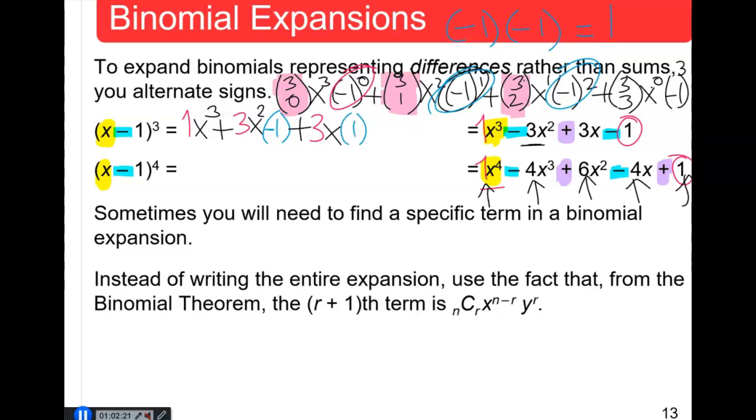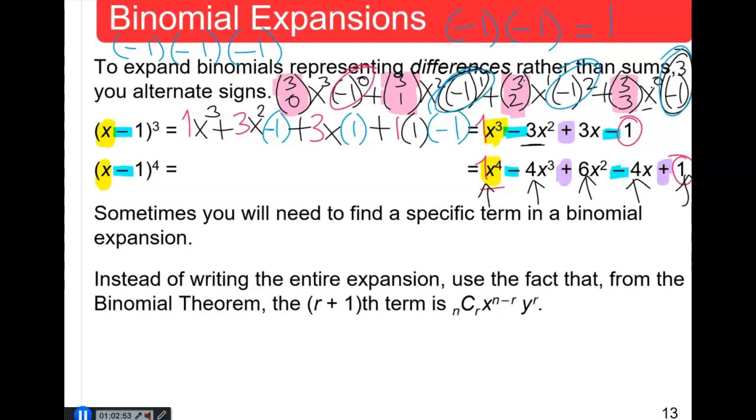And then for the final term, we will get the binomial coefficient from here, which is equal to 1. And then x to the power 0 is a 1. And then negative 1 to the power 3 is negative 1 times negative 1 times negative 1, so it will be negative 1.